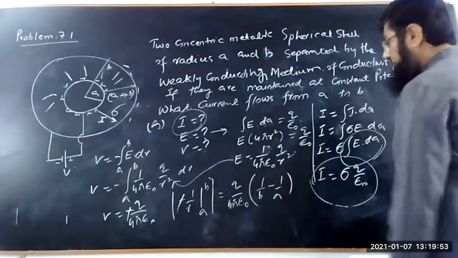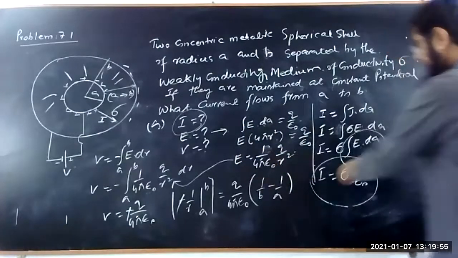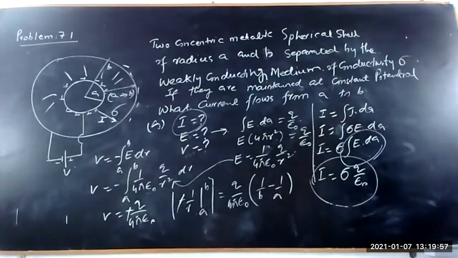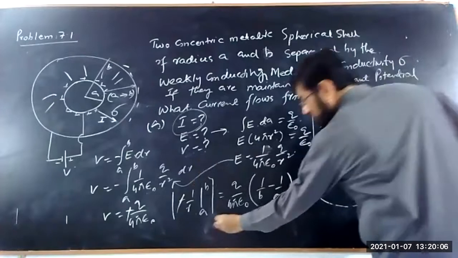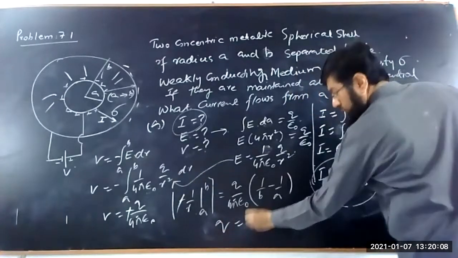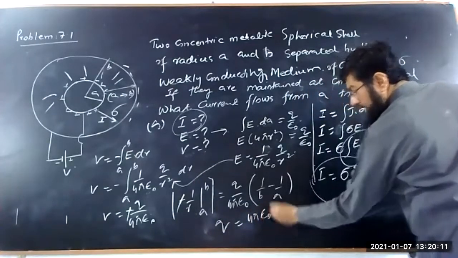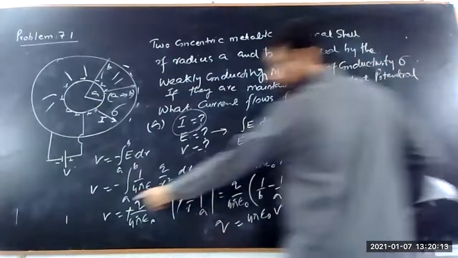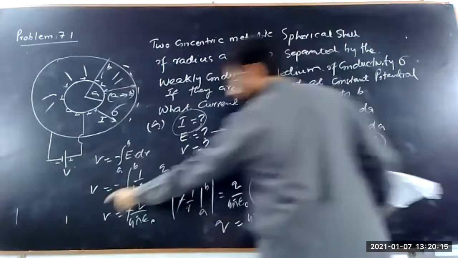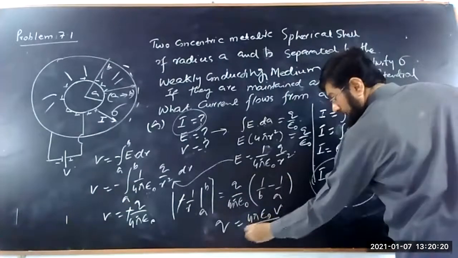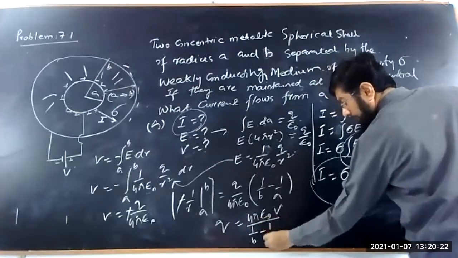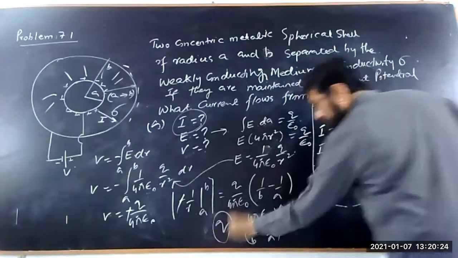So the potential V is known, E is known. You can easily find out the charge and compare them to get the current. From this equation, you can find out the charge. So Q is equal to 4 pi epsilon naught into V, divided by 1 upon B minus 1 upon A. This Q is known.